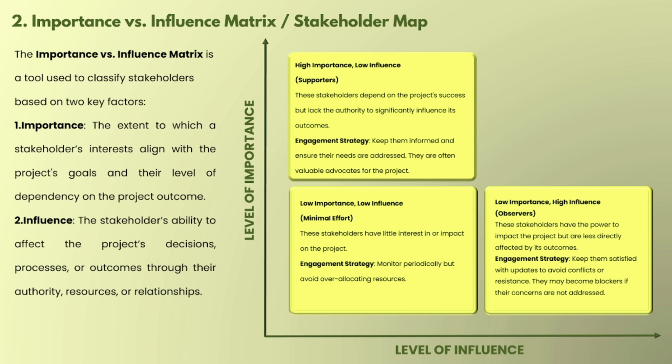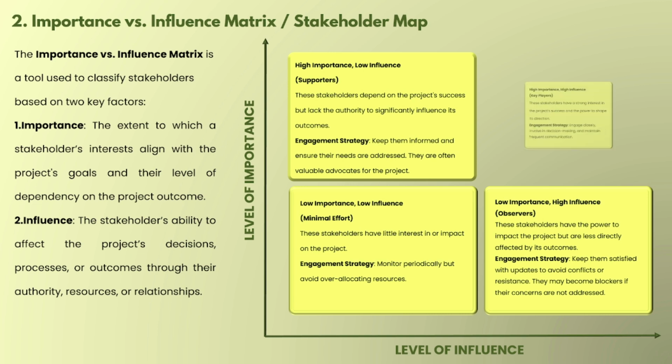Their importance is that they are key to making sure the system works very well in daily loan processing, but they don't have influence. They have limited decision-making power. But as a stakeholder, we need to keep them satisfied, because we need to gather the important requirements from such stakeholders.